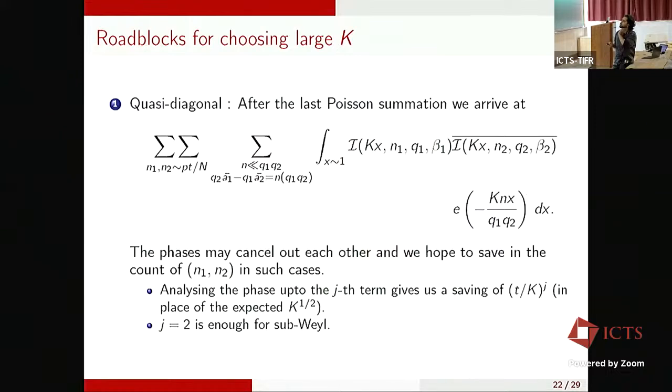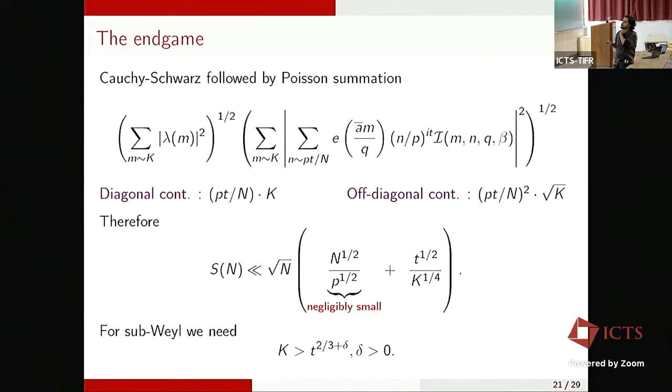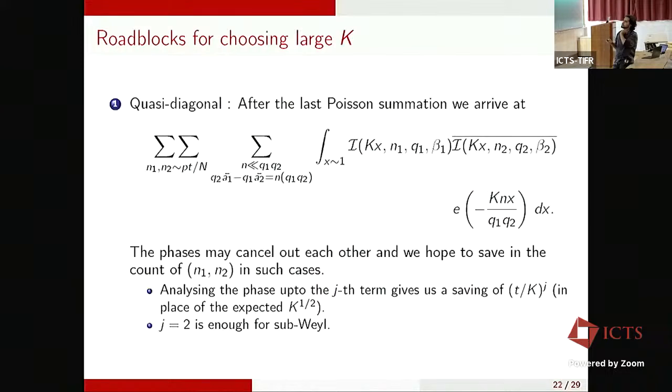So there are two obstacles. One of them is technical, and the other is a fundamental barrier. The technical part is the following. We got rid of the main off-diagonal, but there still is some diagonal coming from the non-zero frequency as well.